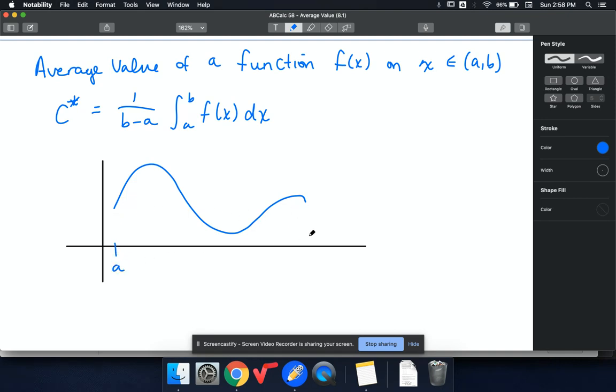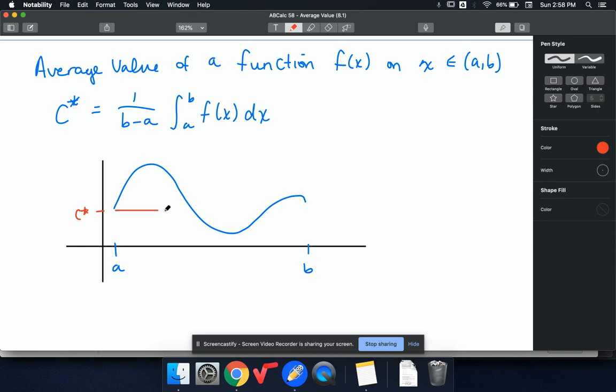So if this was my a and this was my b, well, I only have a little bit of area down here. I have some up there. Definitely it's taller than your lowest value. Maybe I would say that my c star is going to be somewhere around here.